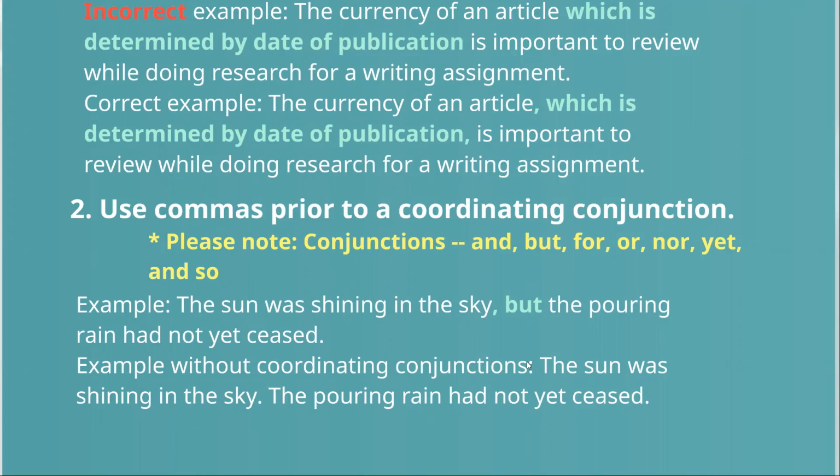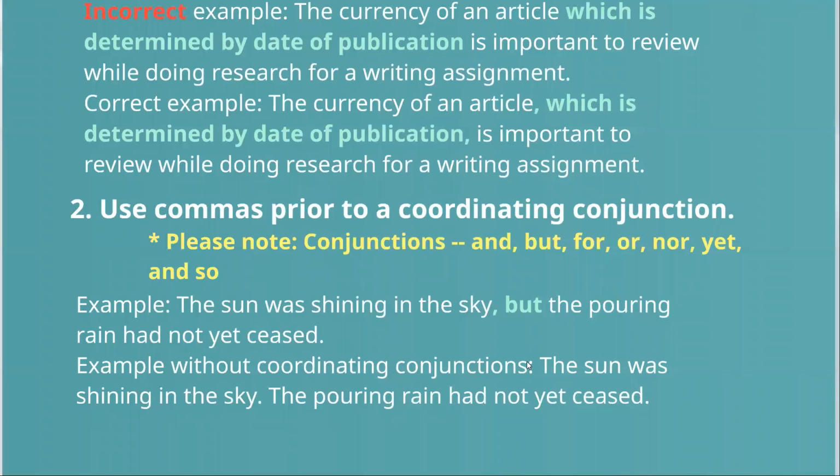Looking at that bolded mint green portion, comma, but represents the conjunction. Conjunctions are defined as words used to connect clauses or sentences, as well as to coordinate words in a phrase or clause. The second example, which is still correct but doesn't include a coordinating conjunction, reads this way: the sun was shining in the sky, the pouring rain had not yet ceased.